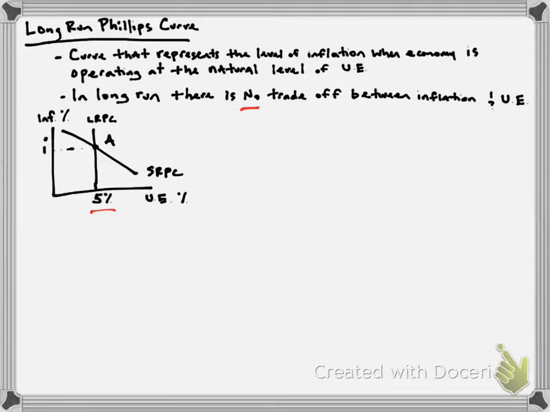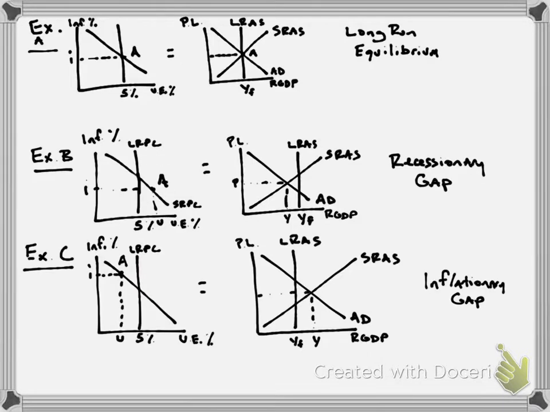All right. Now, we're going to try to put this all together. Moving on here. I know it looks like a lot, but we've got 3 different examples where we're illustrating our economy. Okay? So just look at example A for right now. We've got our Phillips curve. Our Phillips curve is operating at point A. And remember, point A means that we have an inflation rate that is at our long-run unemployment rate of 5%.